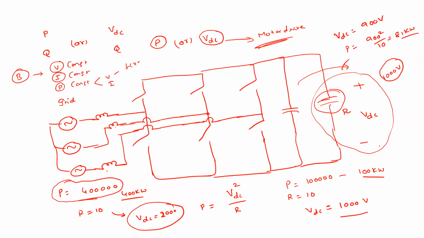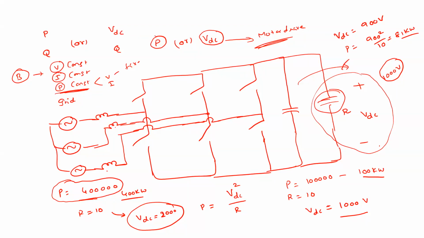So the batteries can be charged multiple ways. You can keep the voltage constant, or the current constant, or the power constant. When you are keeping the power constant, we have multiple options: we can keep the voltage fixed and the current variable, or the current fixed and the voltage variable, and still the power is constant. In these approaches, we can keep this VDC constant.